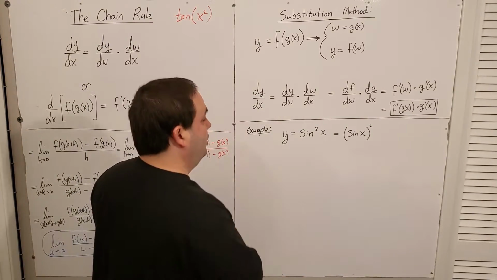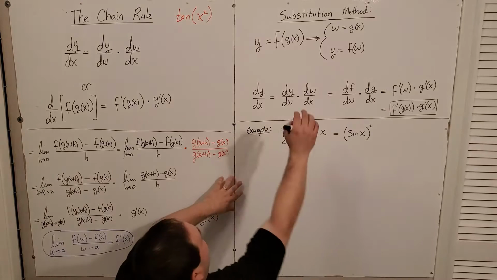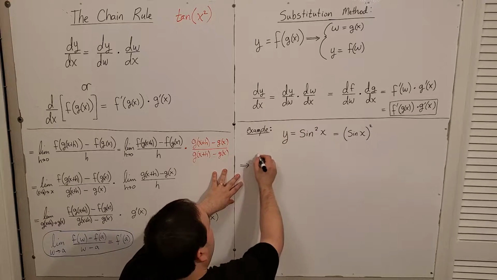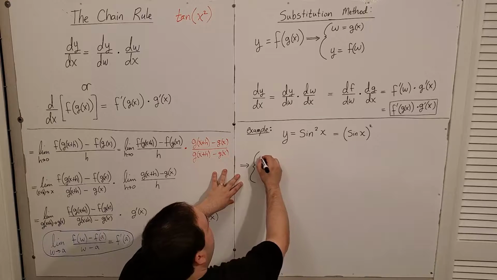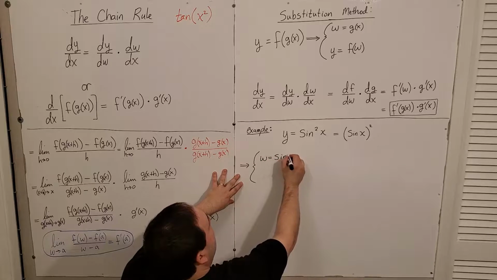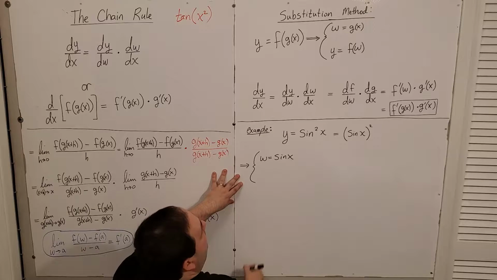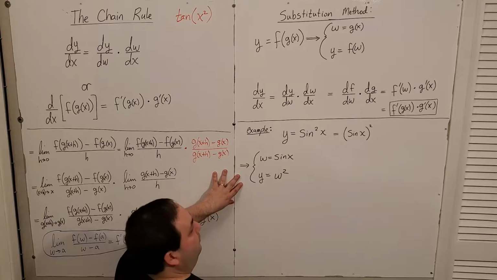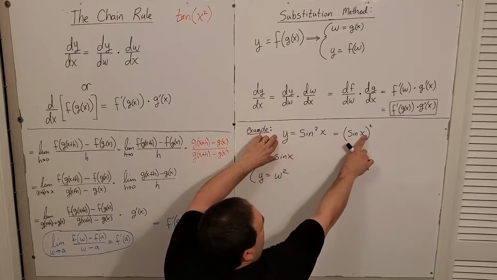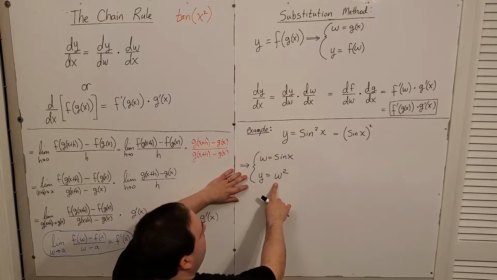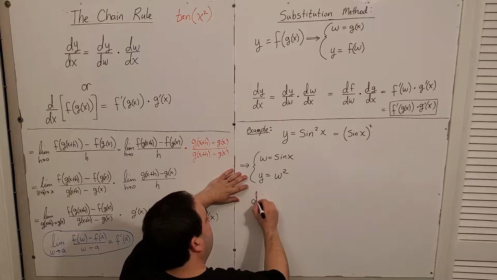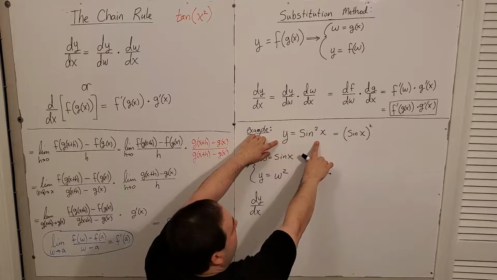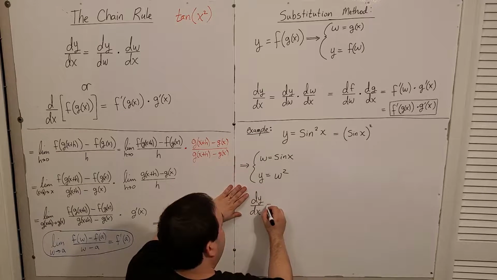So substitution would have me do this. It would have me split it up to say that w would equal sine of x, and now y is equal to w squared, right? Y would be equal to w squared. So if I'm interested in dy dx, that's my derivative of this, right?